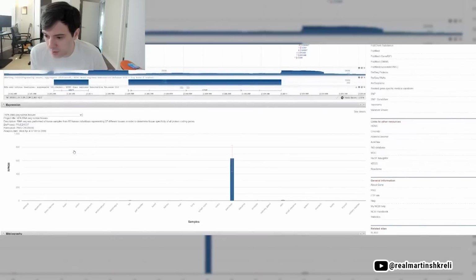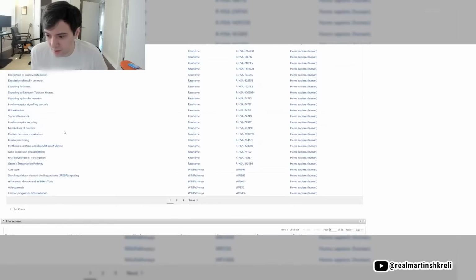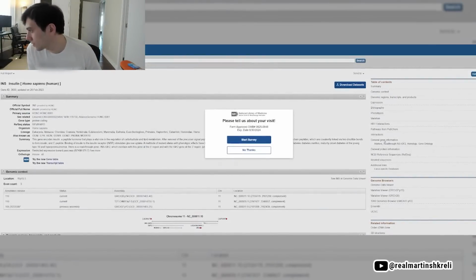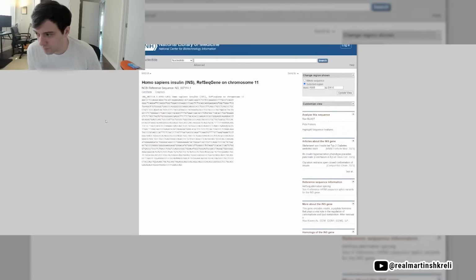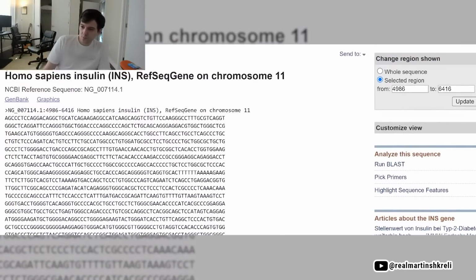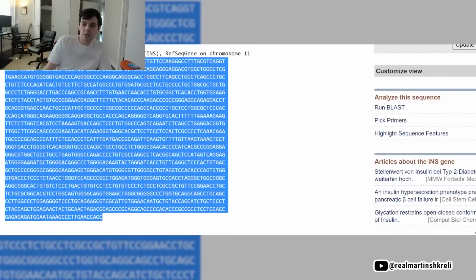Anyway, let's go to the genome sequence. Here are some of the ways to look at the sequence, but I'm just going to go to the basic FASTA, which is just the letters, because I think that's better. There it is. It's really small relative to dystrophin, right? Dystrophin was like millions of base pairs.